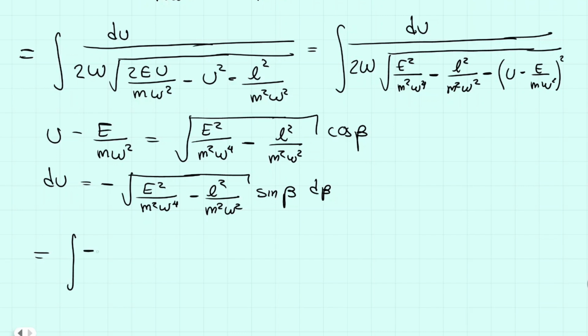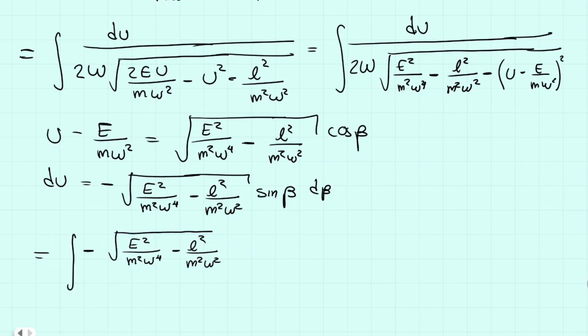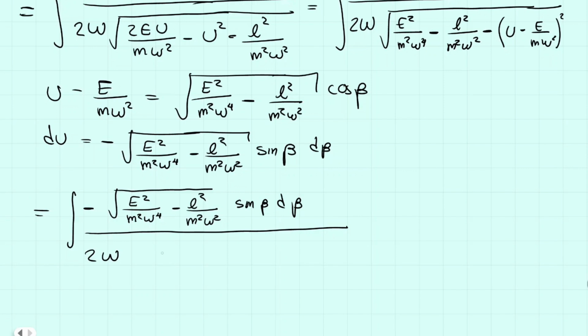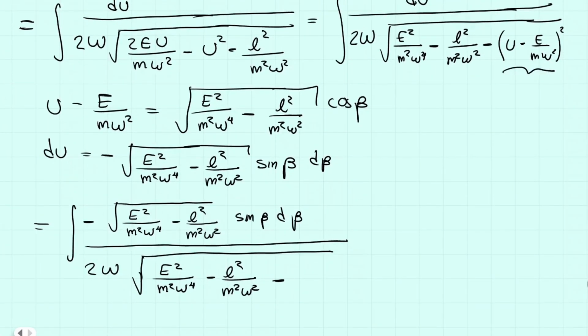So it is negative the square root of this times sine beta d beta all over 2 omega times the square root of this expression minus, well, this thing that we have here raised to the second power, but that is this raised to the second power.